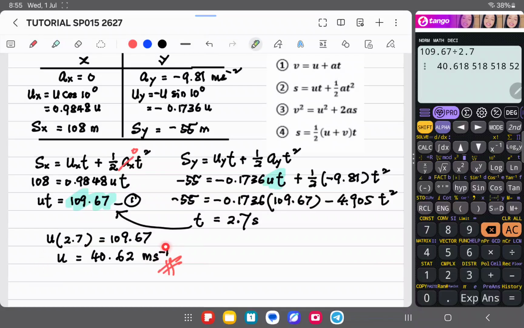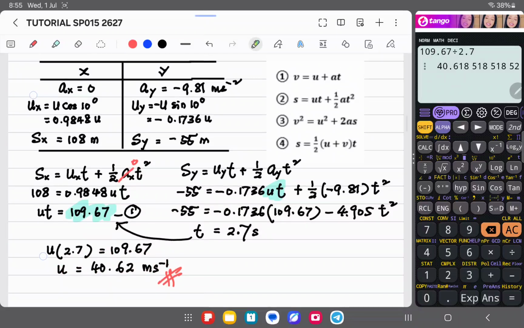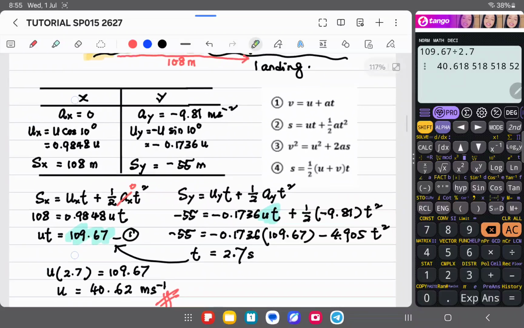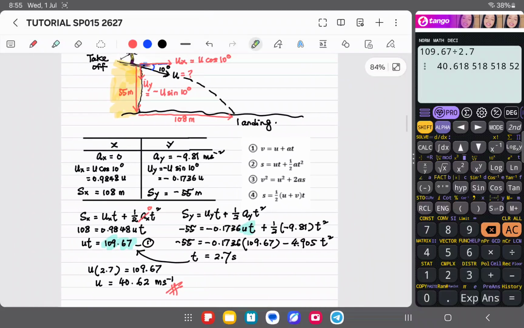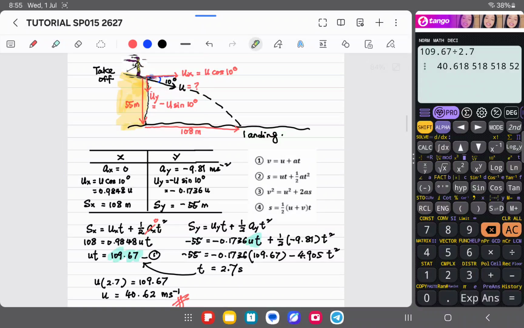This is the initial velocity, the speed needed by the skier on leaving the ramp. Then we have solved question 14.